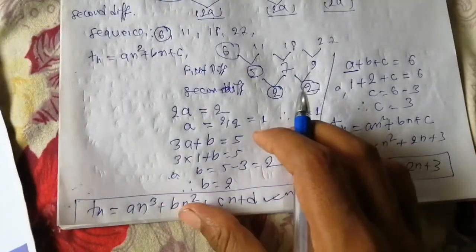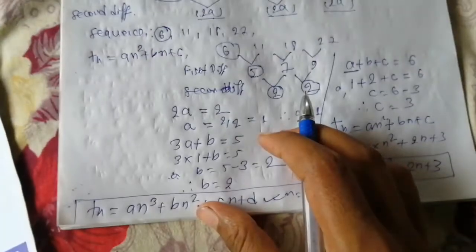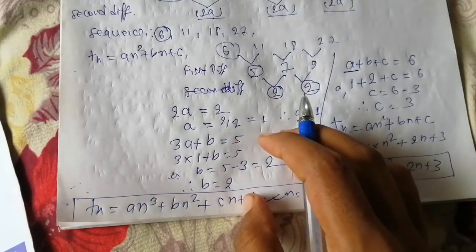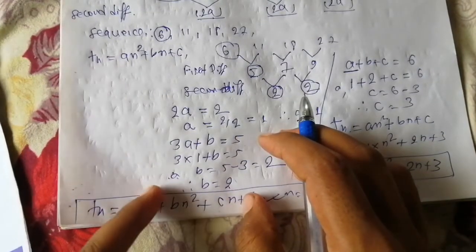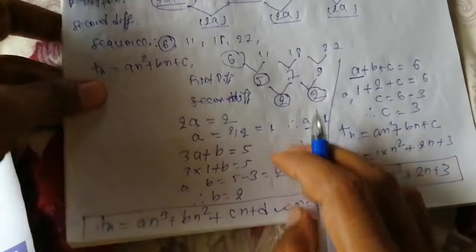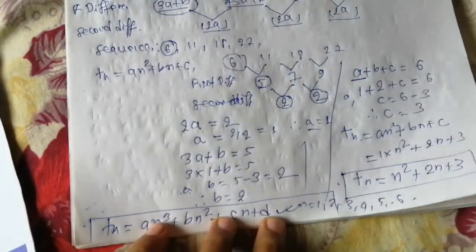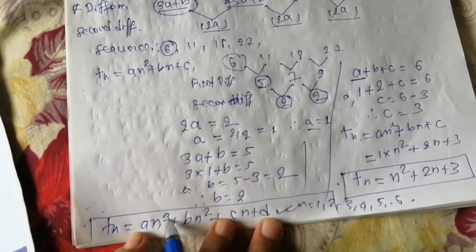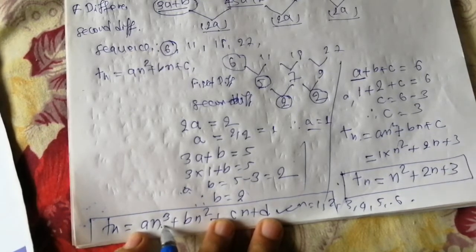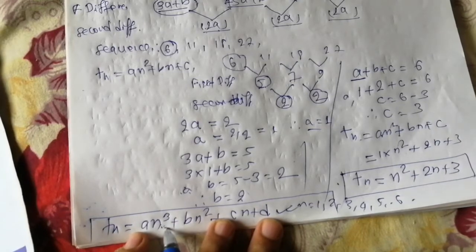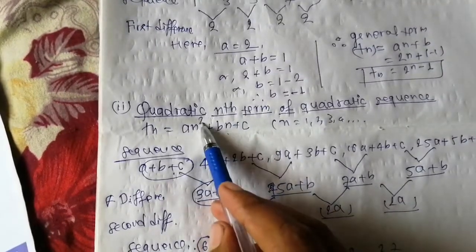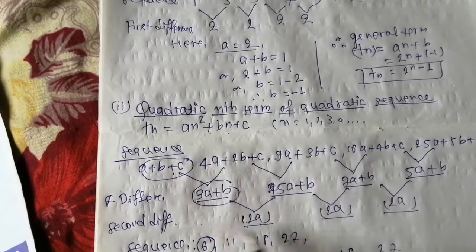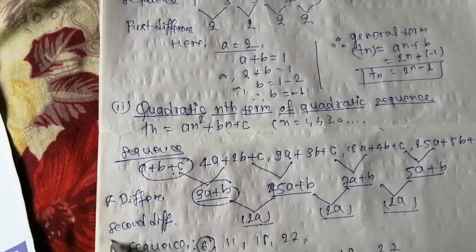So calculate. This actually behaves like a polynomial, it has the characteristics of a polynomial. If the degree of n, or highest power, is 3, then the third difference will be the same. Here it is quadratic, power is degree 2, so the second difference is constant, 2.